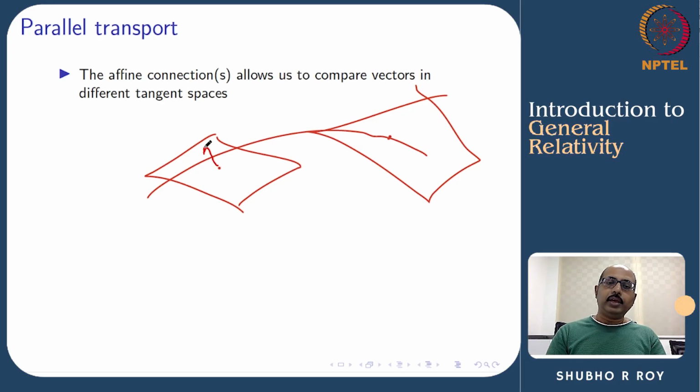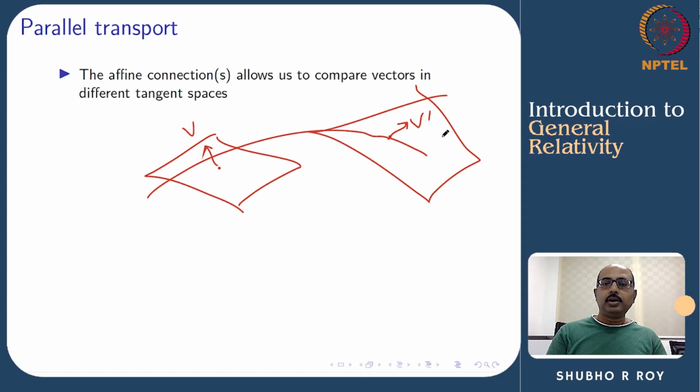And we cannot compare a vector living here on this tangent space to a vector, let's say v prime, living on this second tangent space, because vectors living in two different vector spaces can never be compared, right? We can only take sum or difference of vectors which live in the same vector space. Vector addition is defined to be valid only inside the vector space. We cannot add or subtract vectors living in two different vector spaces.